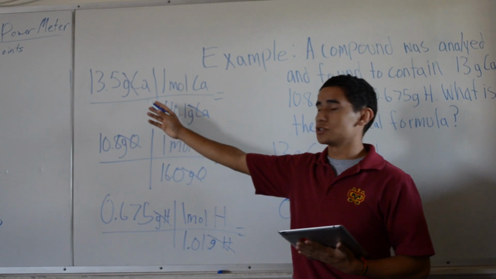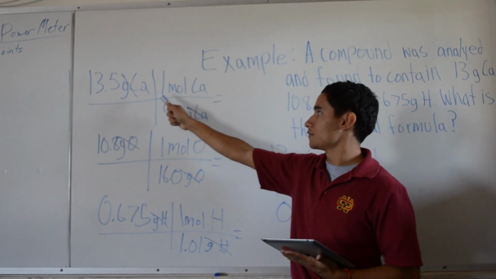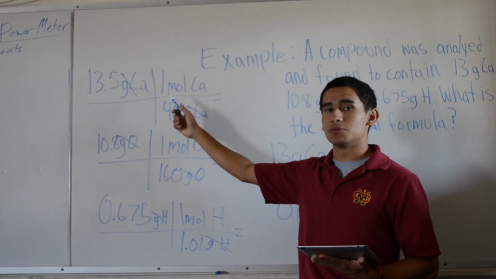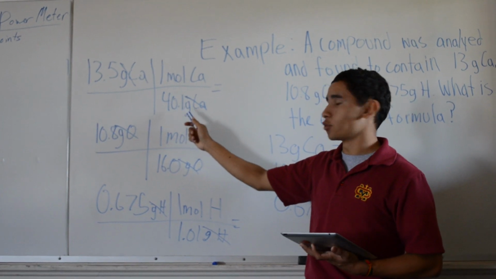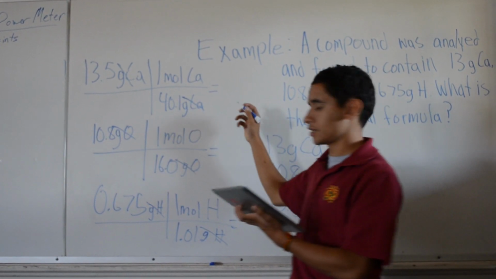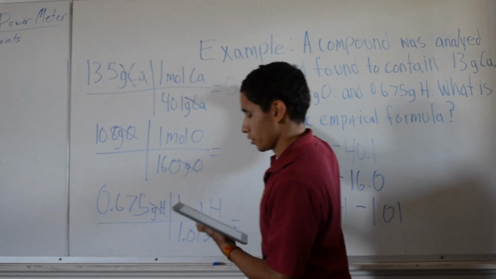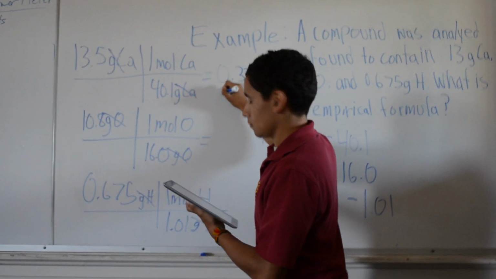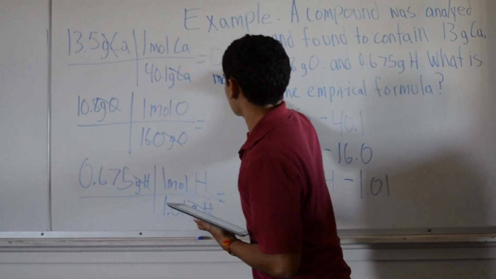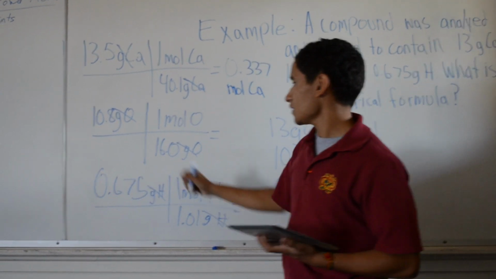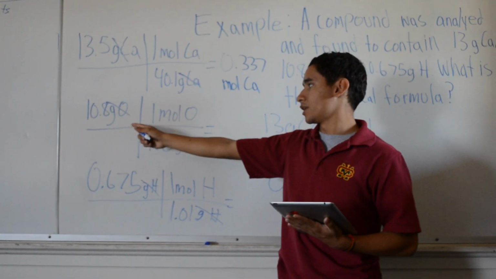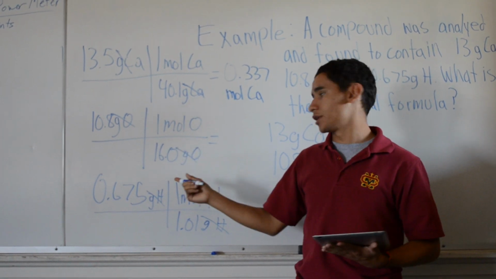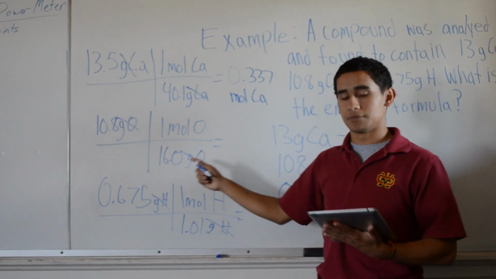So now all we need to do is 13.5 times 1, which is just 13.5, and divided by 40.1. And that's going to get us 0.337 moles of Ca. And same thing right here. 10.8 times 1, which is just 10.8, divided by 16.